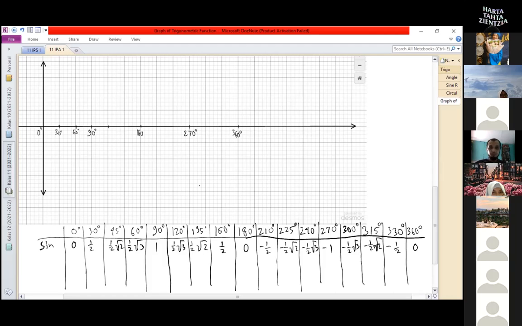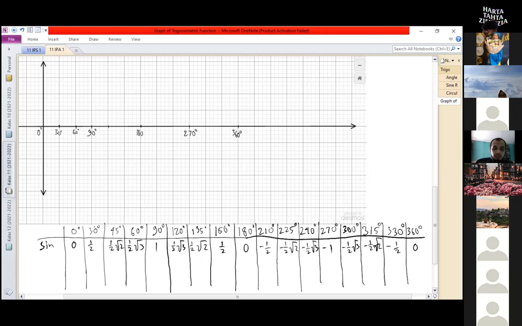Okay, first thing that you have to be aware of is that, to draw it on scale, you need to remember that the distance between these points are not all the same, okay? So from 0 to 30 degrees, the distance is 30 degrees. From 30 degrees to 60 degrees is 30 degrees, but from 30 degrees to 45 degrees is 15, yeah.